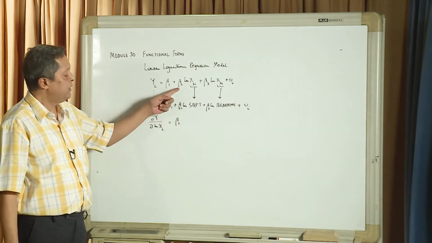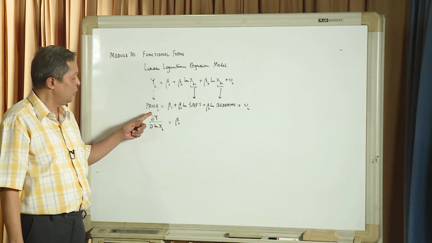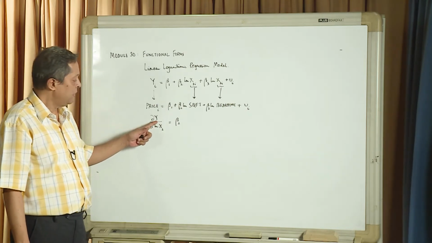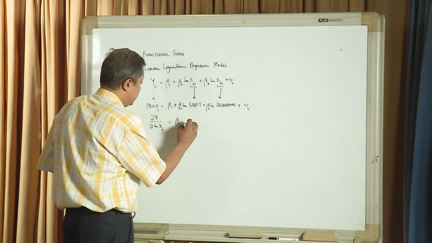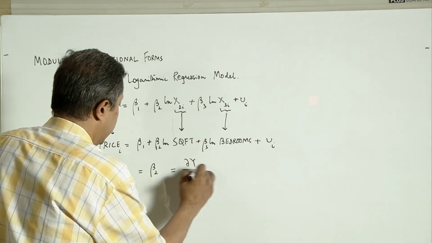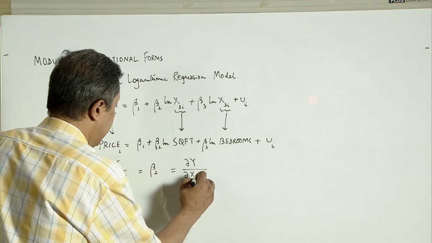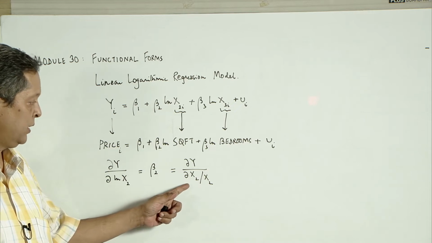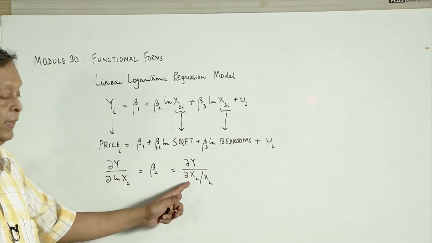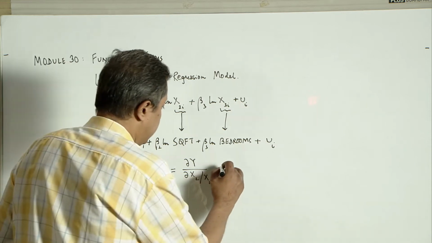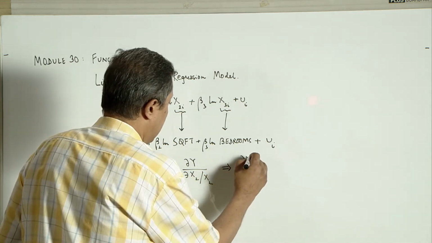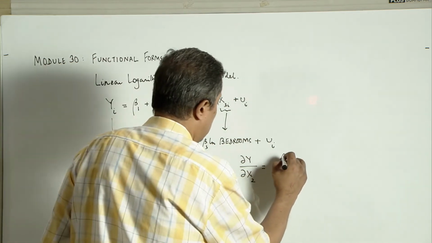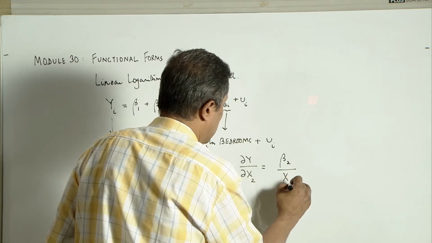That means, beta 2 is the rate of change of y with respect to the rate of change of log x2, but this denominator can be further elaborated and we can write this as del x2 by x2. That means, this is the percentage change in the square feet area, which really means that del y del x2 is equal to beta 2 divided by x2.